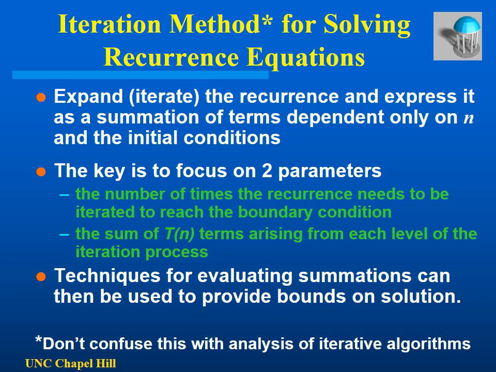It involves iteratively expanding the recurrence as the size of the divisions become smaller and smaller, and on the basis of that, to express the overall time T of n as a summation of terms that depend on n.